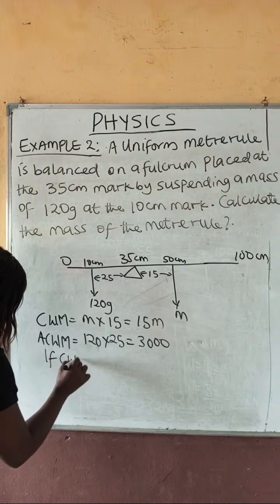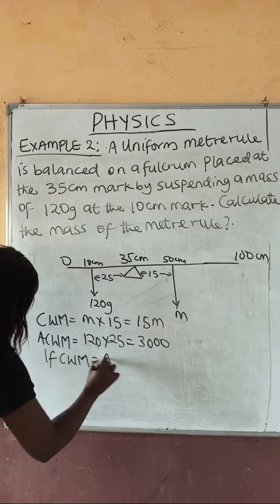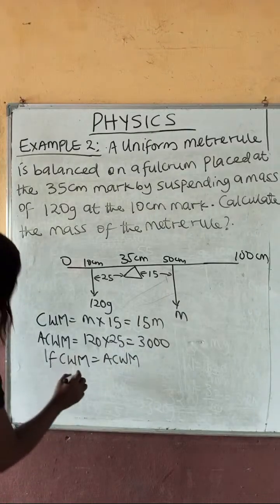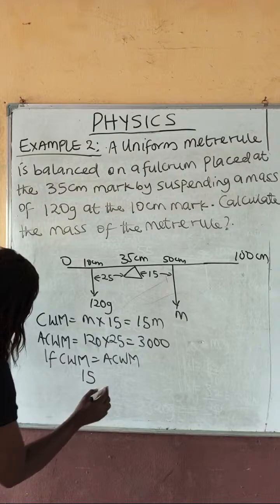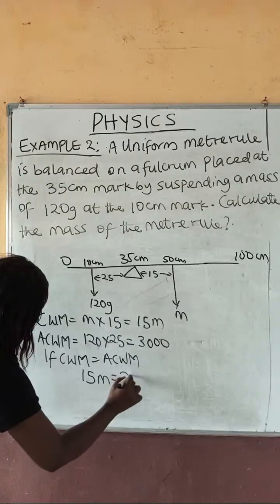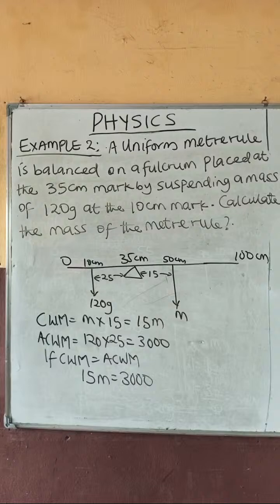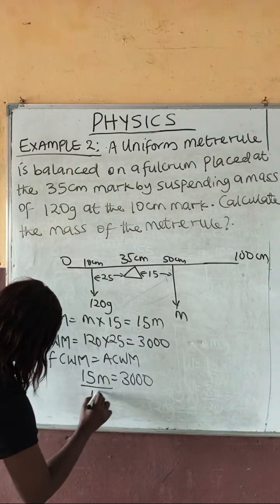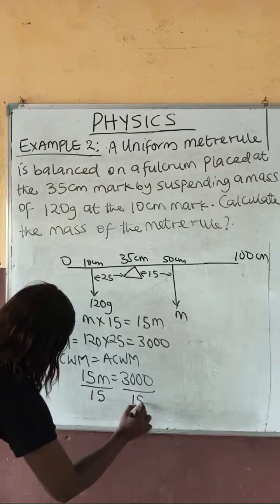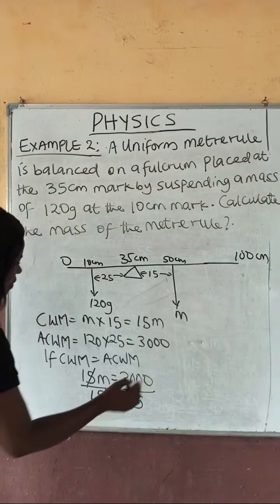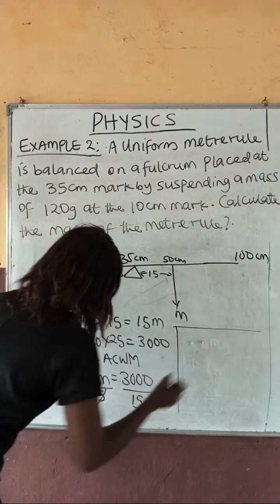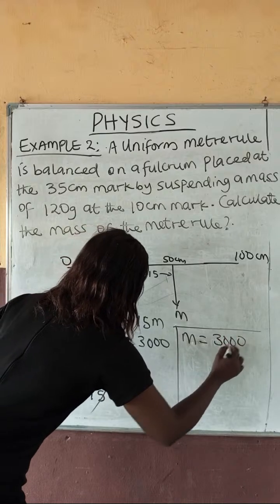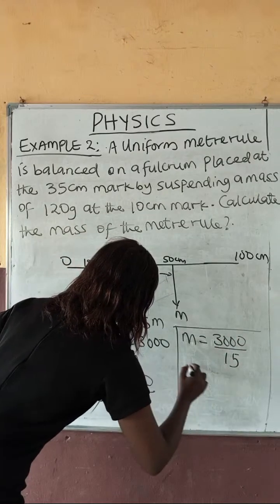Clockwise moment equals anticlockwise moment. That means 15m equals 3,000. I divide both sides by 15, so m is equal to 3,000 divided by 15.